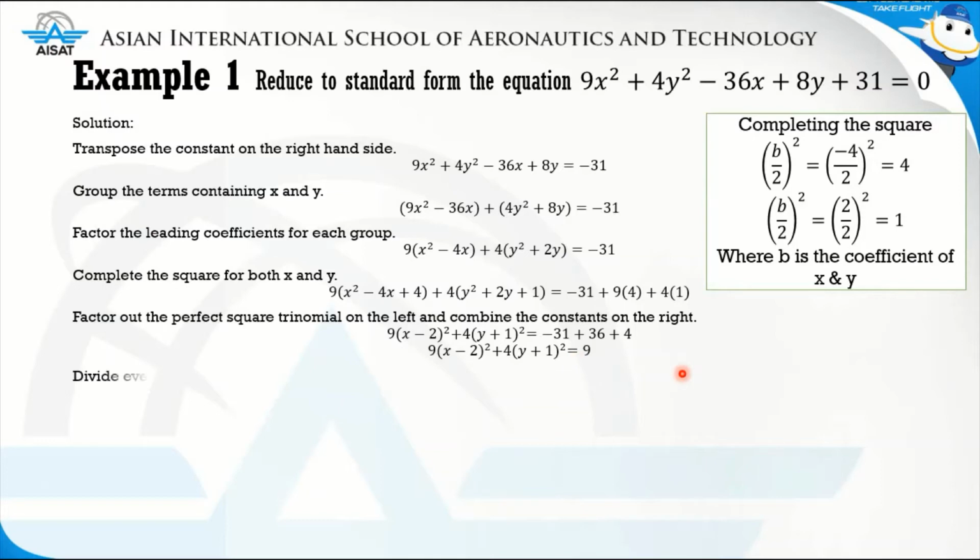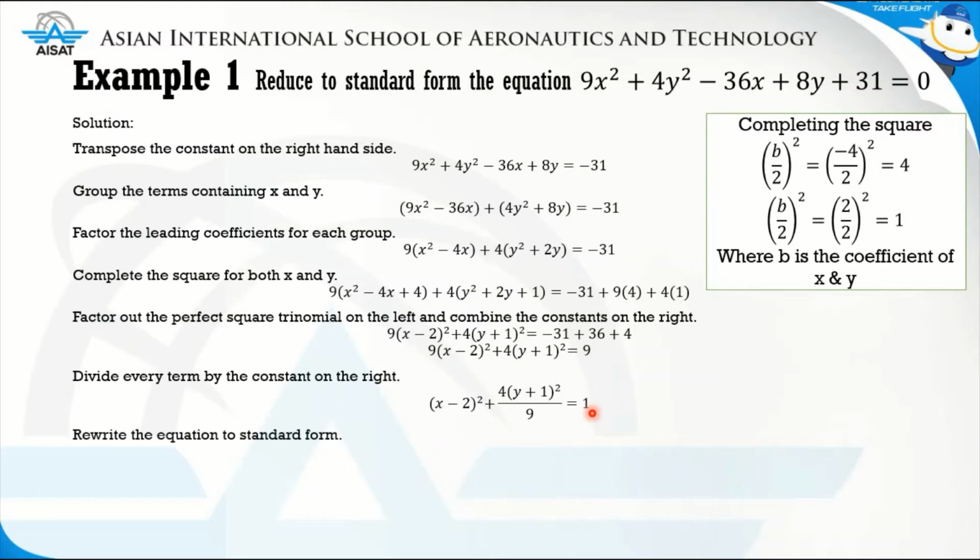Now, the next step is to divide every term by the constant on the right. So, dividing all these terms by 9, we will have x minus 2 quantity squared plus 4 times the quantity of y plus 1 quantity squared over 9 is equal to 1. Now, here we are almost done.